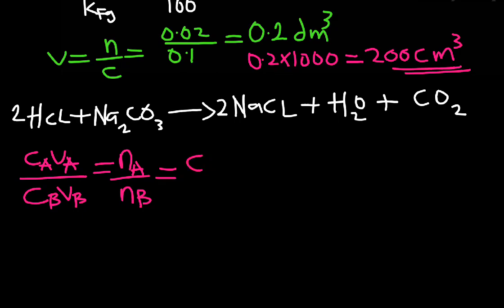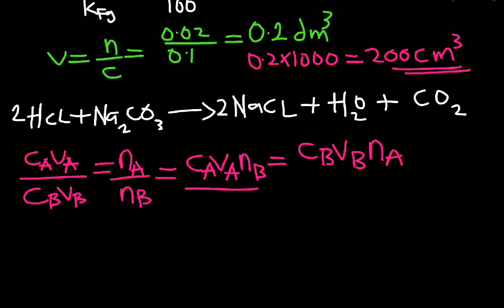We get CA VA NB equals CB VB NA. So we divide all through by the concentration of the acid and the mole of the base so we can isolate the volume of the acid.